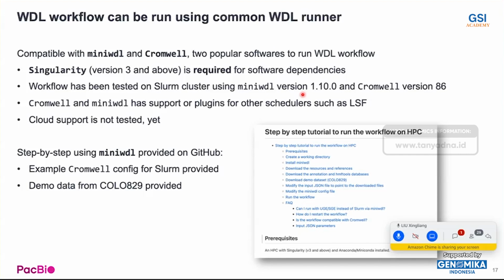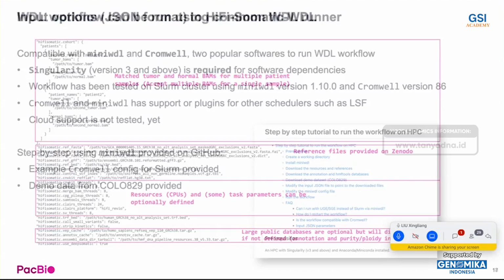So internally, we prefer the MiniWDL plus Slurm workflow, and we provided a MiniWDL plus Slurm workflow on our GitHub page for users to adopt. But of course, this pipeline can also be adopted on any cloud platform like AWS.